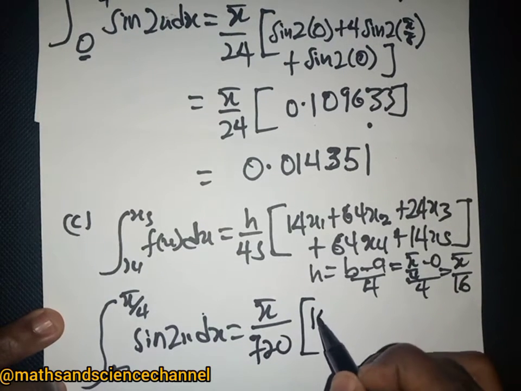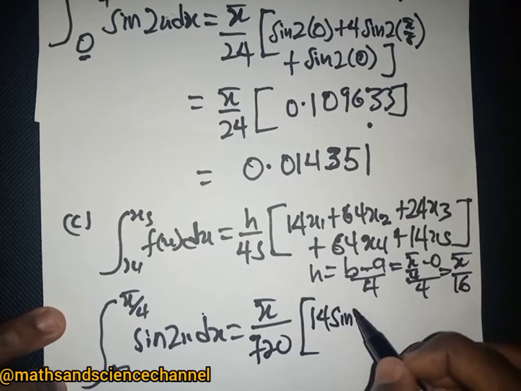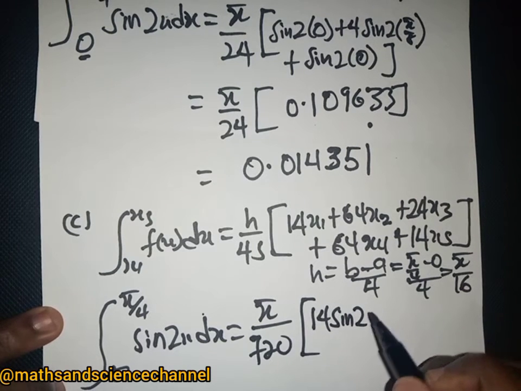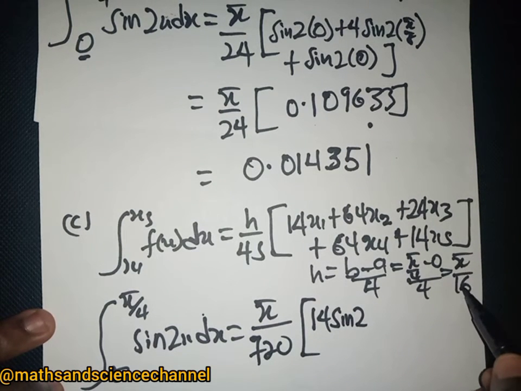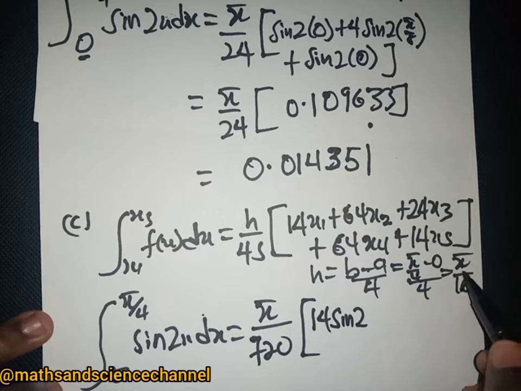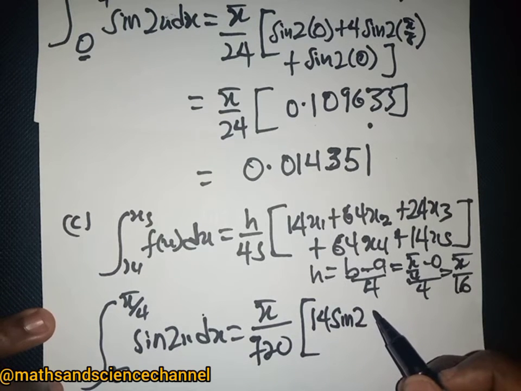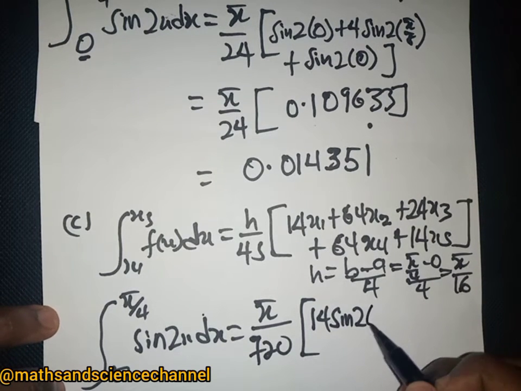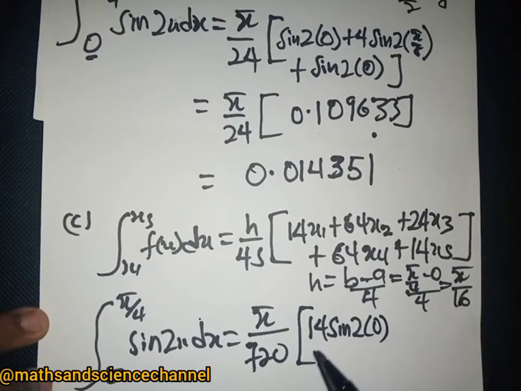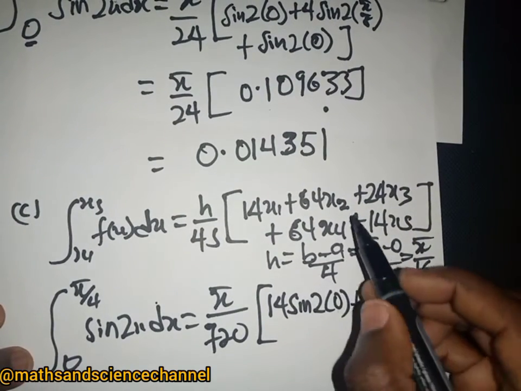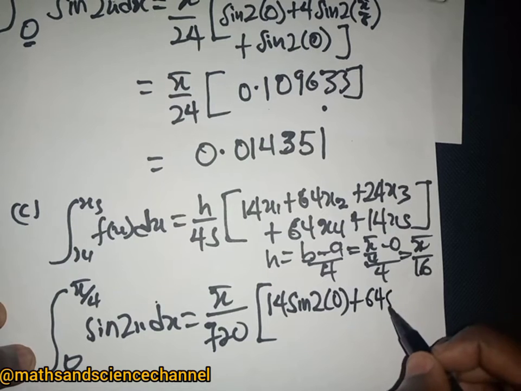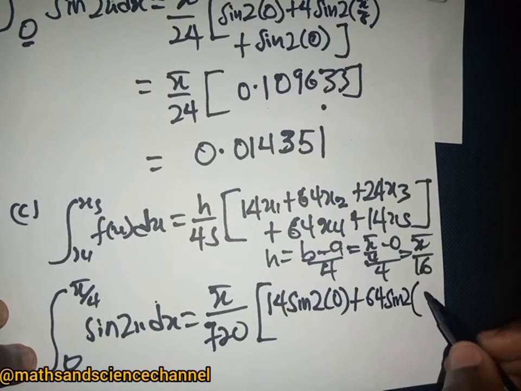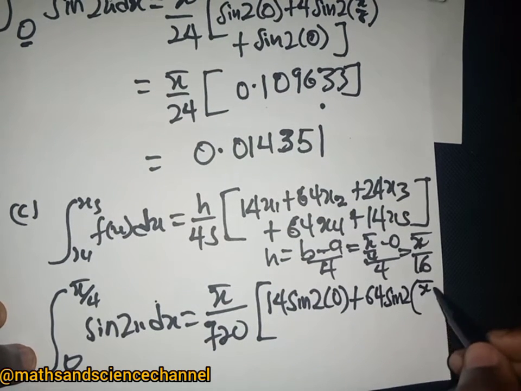Then we have 14 times sine 2 times the first value of x. Since we have pi over 16 as the step, the first one starts from 0. Then we have the next one, 64 times sine 2 times pi over 16.